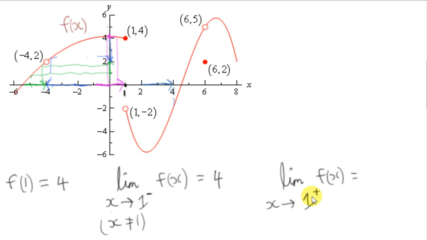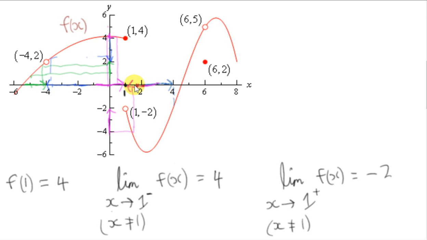Now let x approach 1 from the right. So what's happening to f of x? Well, there are no points above this part, these values of x. We have to go down and across. So as x gets closer and closer to 1 but from the right, it appears that f of x is approaching minus 2 from below.